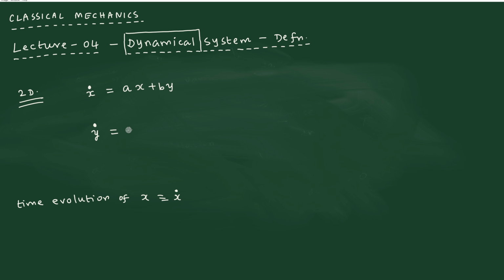Take another parameter, let it be c times x, for example, plus d times y. So you will be able to write it. Let me put a bracket here, representing that this is a coupled equation, and this will represent a linear dynamical system.